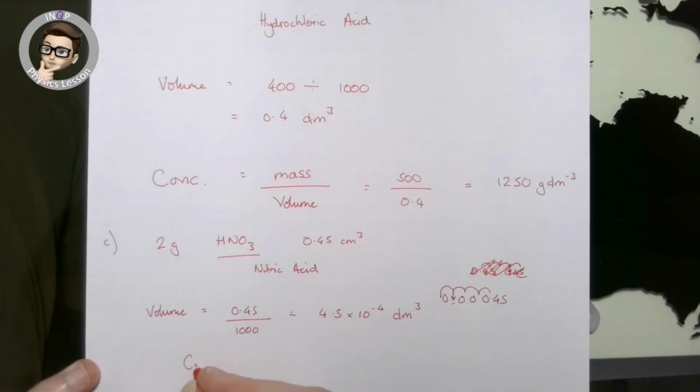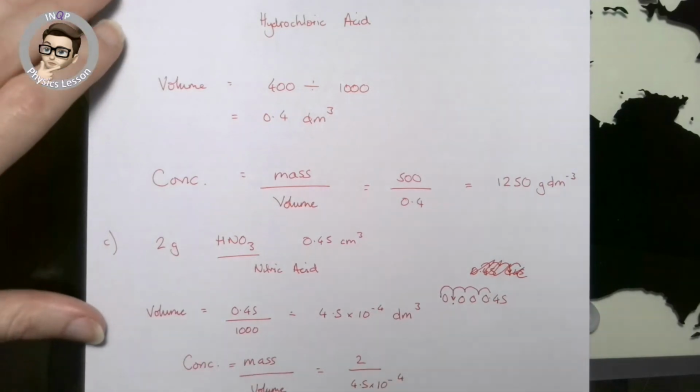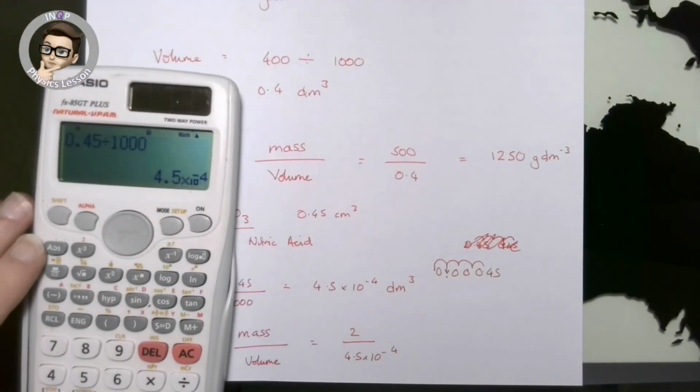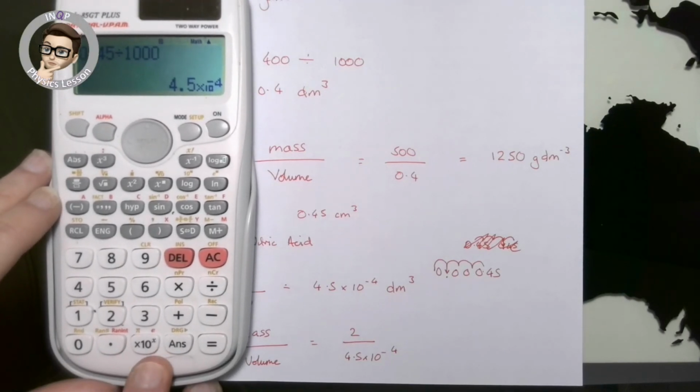And then my concentration is going to be my mass divided by my volume, which is going to be 2 divided by 4.5 times 10 to the minus 4. Remembering, in order to do that on your calculator, you're going to use that EXP button down here.